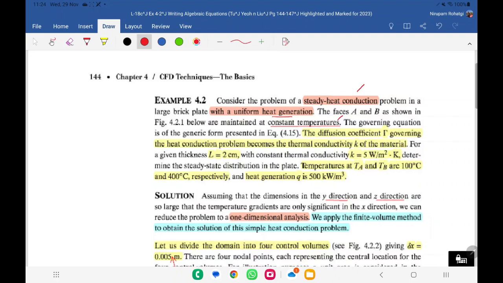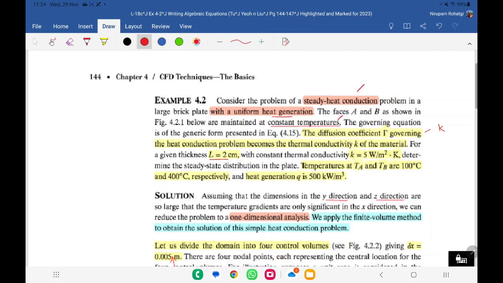Now the diffusion coefficient gamma is K, the amount of heat flow per unit area per unit time. The heat conduction problem becomes the thermal conductivity K for the material. The thickness of the plate is 2 centimeter, and it's a thick plate, infinite in two directions, depth wise and height wise.